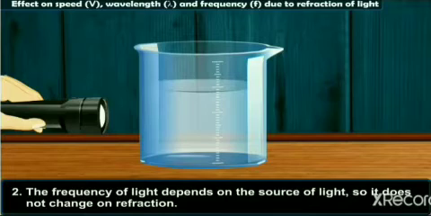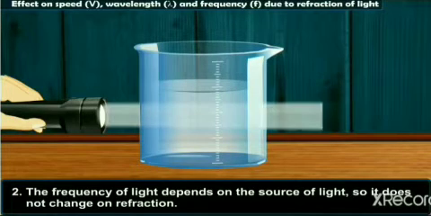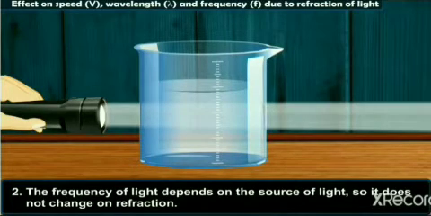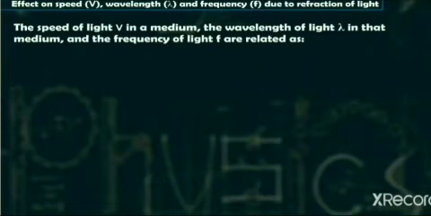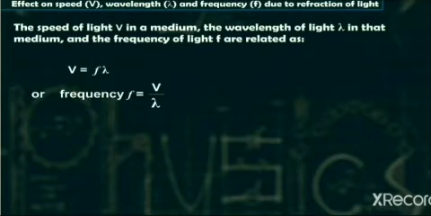2. The frequency of light depends on the source of light, so it does not change on refraction. 3. The speed of light v in a medium, the wavelength of light lambda in that medium, and the frequency of light f are related as v equals f lambda, or frequency f equals v upon lambda.